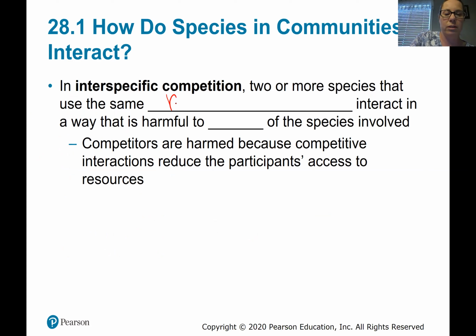Looking at the first type of interaction, the interspecific, is where two or more species use the same resources: same food supply, same water, same space. And their interaction is going to be harmful to all species involved. You could also say, if the prairie dogs were the only food source, you have the hawks, the coyotes, the bobcats.